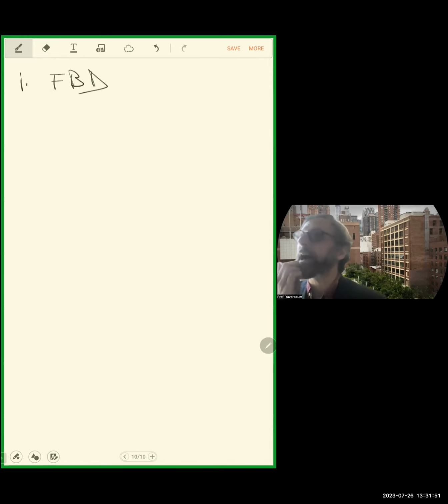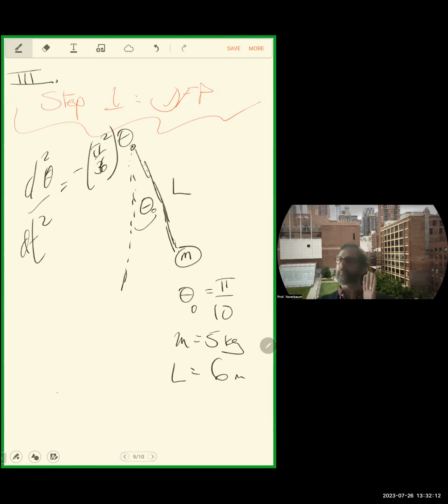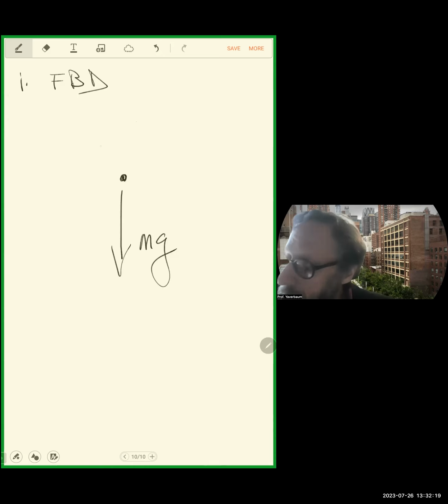The free body diagram will just be mg pointing down as always, and then any and all of the forces actually touching, making physical contact with the mass, and they all have to be depicted in the direction that they're actually going. So given my original diagram, where at this moment the string is going like that, I stay consistent with that diagram and I say, okay, the tension in the string is pulling up on the mass like that.